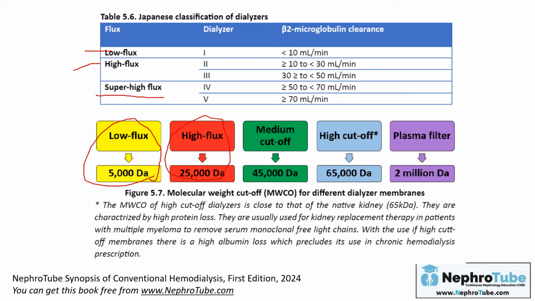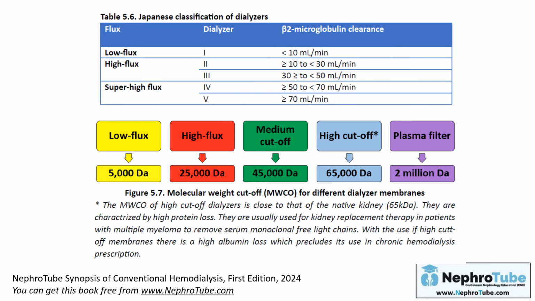So regarding super high flux, where can I put it in this diagram? According to the Japanese classification, super high flux dialyzers can remove molecules up to 30,000 or 35,000 Dalton. So it is logical to put super high flux dialyzers in this diagram between the high flux and medium cutoff dialyzers, because they remove from 30 to 35,000 Dalton.